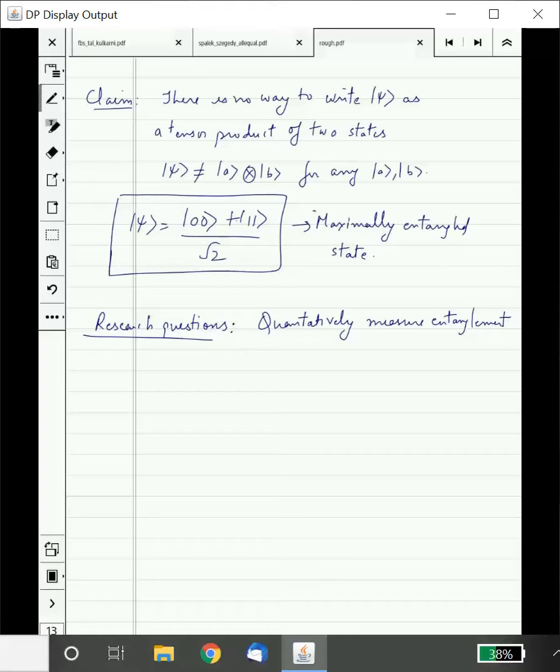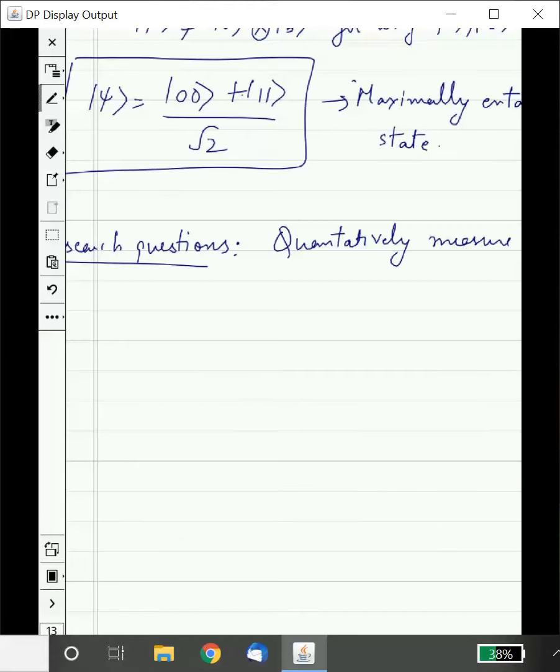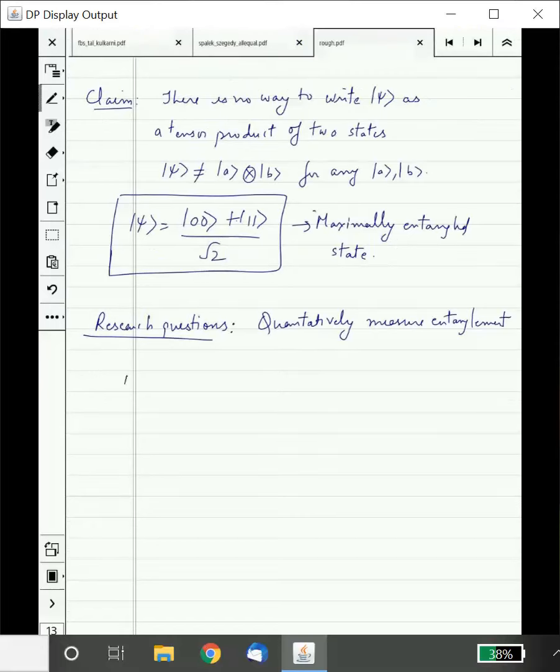Now we know that there are some states which can't be written as A tensor B. Before I go into that, this claim I will leave it as an exercise. You can verify it. You can take two states A tensor B. There are two variables, and then multiply, take the tensor product, and you will see that they cannot be equal to psi. Easy claim to prove.